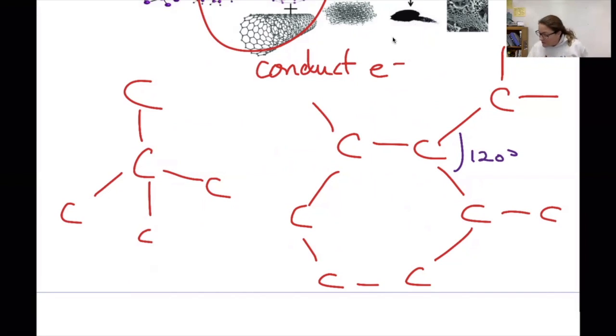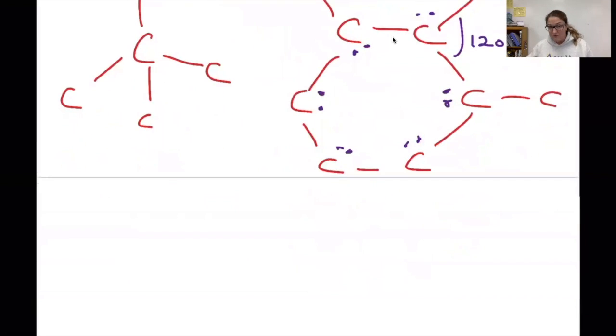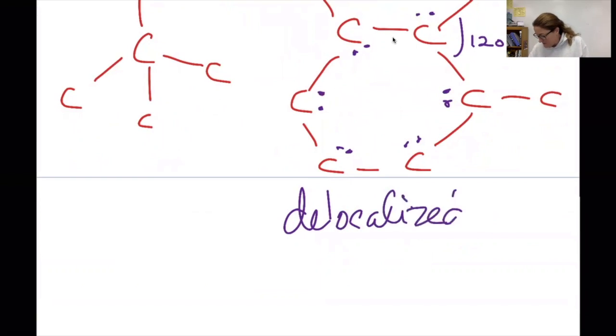And you'll notice that carbon doesn't have 8 electrons on it the way I drew it so far. Each carbon actually has 2 lone pairs associated with it. These lone pairs are free to move. We say that these are delocalized electrons. Delocalized means not fixed in one location.